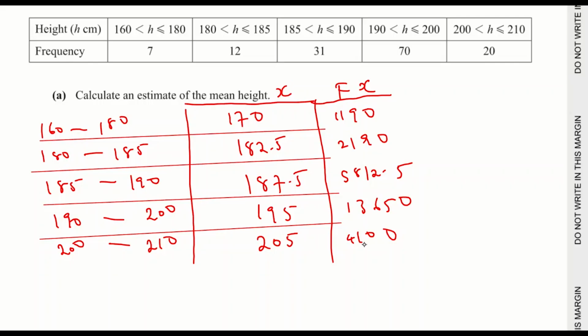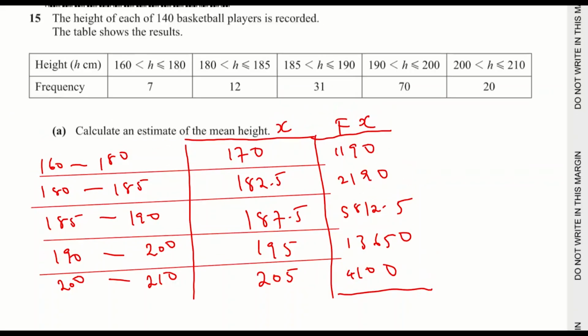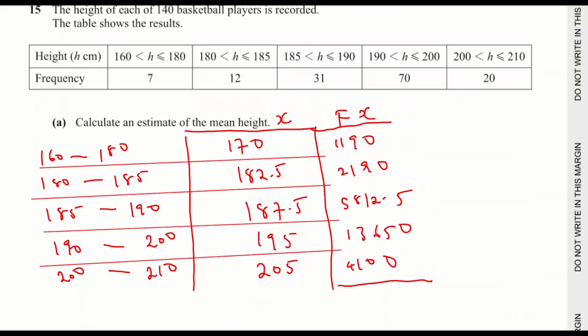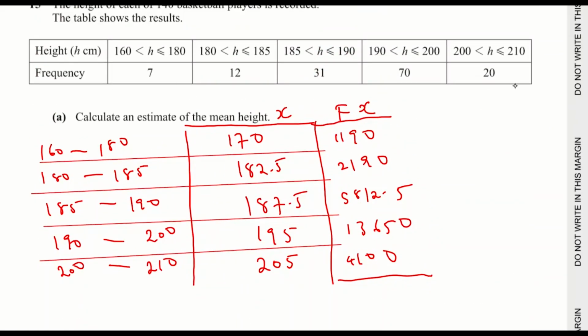Okay, so we need to get the sum of these. And we need to get the sum of the frequencies. So already we are told that the frequencies should be 140. I stated up there, but you can still add all these numbers too.